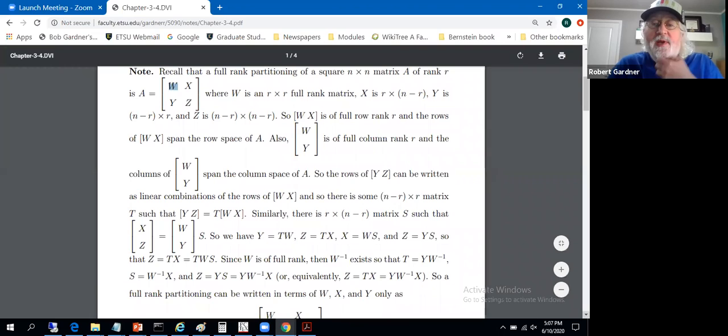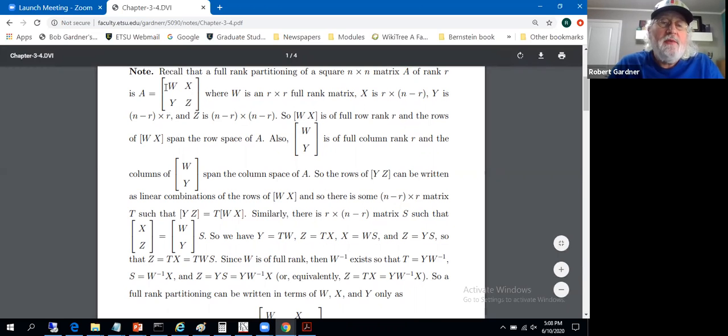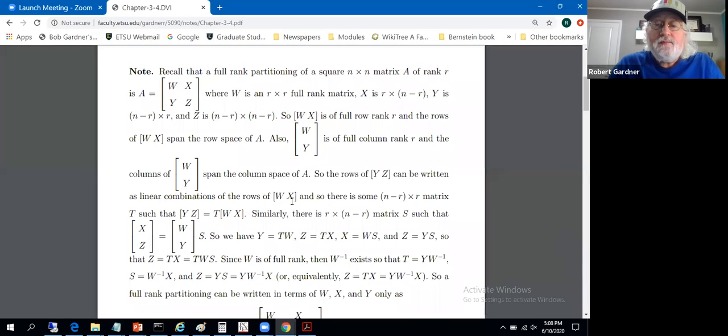Okay, so if we look at the remaining rows, the rows in Y and Z, or the remaining columns, those in the right-hand part, the [X Z] part. First, the rows in [Y Z] can be written as linear combinations of the rows in the top half. The rank of the top part is R, the rank of the whole matrix is R, so it must be that the row space has as a basis the first R rows of the matrix, the rows of the part [W X], the top half.